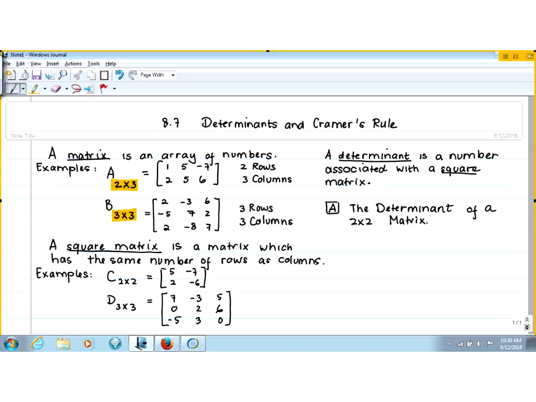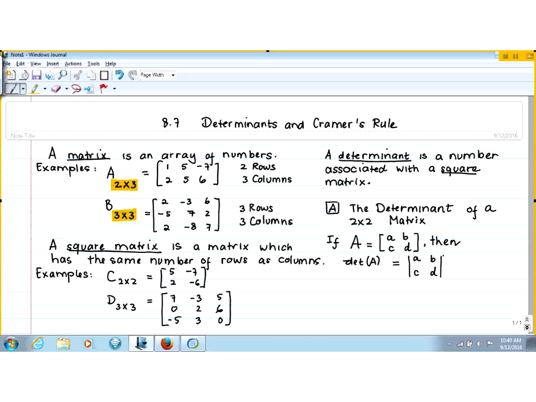So suppose I have matrix A. This is matrix A, B, C, D. So if A is this matrix A, B, C, D, then the determinant of A, for determinant we use this symbol, A, B, C, D. Matrices use square brackets.